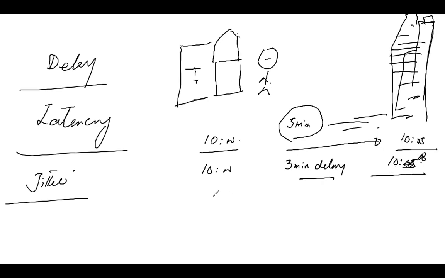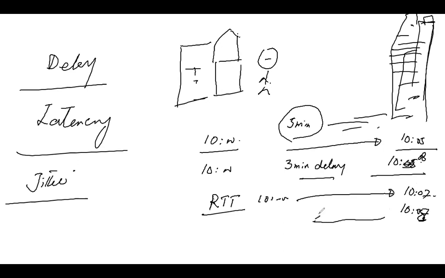So when you take the delay in round trip time, RTT, he starts from here at 10, he reaches there at 10:07, then he starts moving back at 10:08 and reaches here at 10:15.